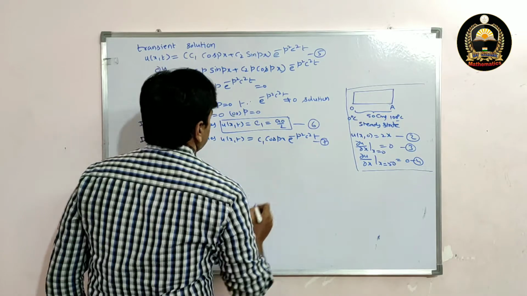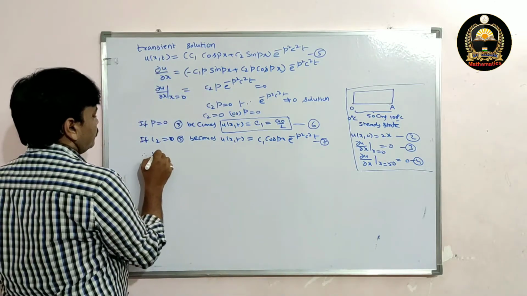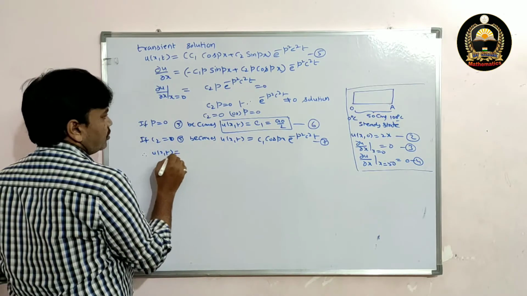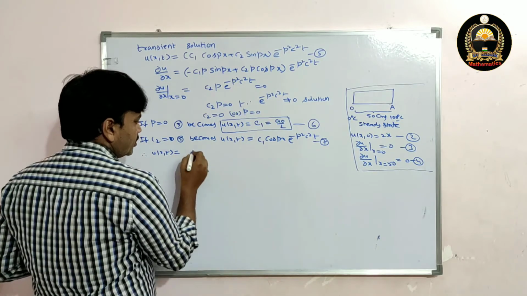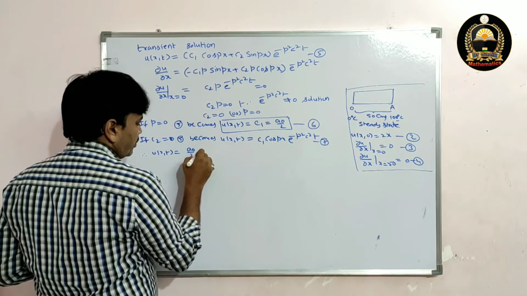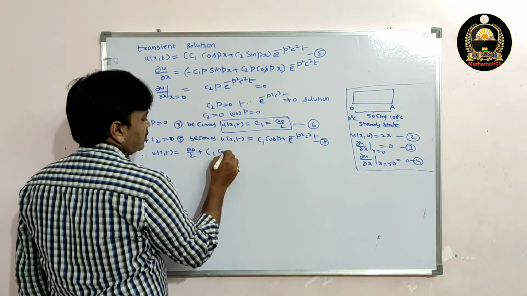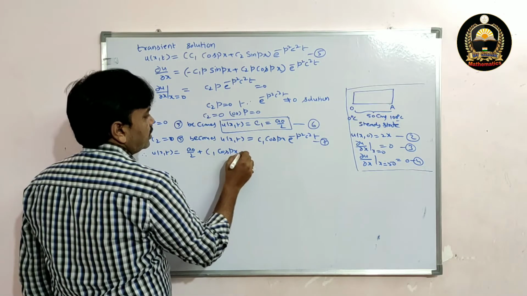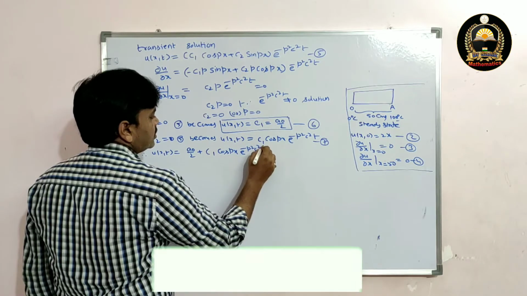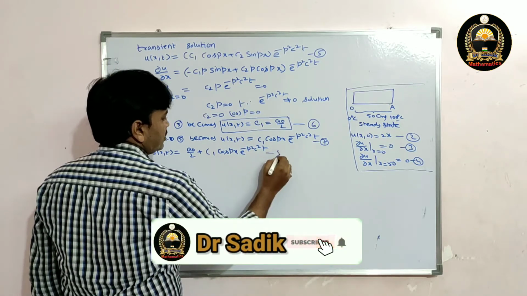So this is 7, students. Therefore u of x comma t, that is equal to, what is the complete solution, students? a0 by 2 plus c1 cos px into e power minus p square c square t. Say this is 8, students.